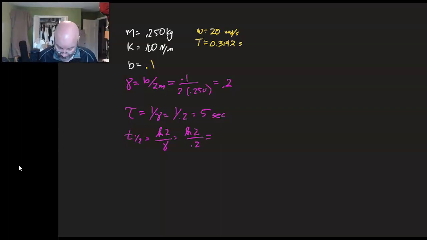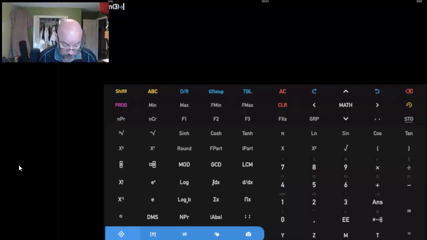I have to pull up my calculator to do that. Natural log of 2, divided by 0.2.